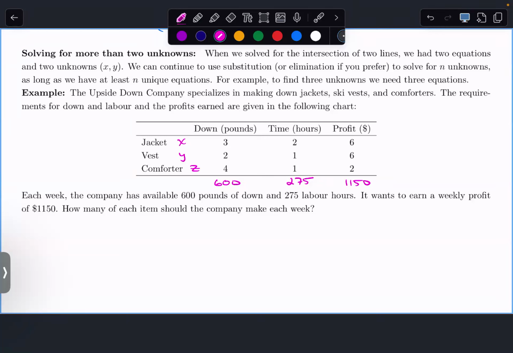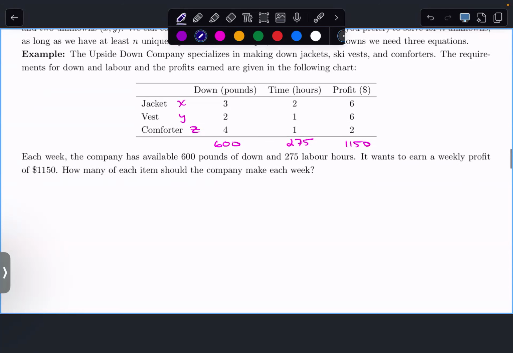And so what we're gonna do is, let's see how I set it up all fancy. Uh-oh, mixed up my pages. Good. I have a total of 600 pounds, and I use 3 times X, 2 times Y, and 4 times Z. And that sum has to be 600.